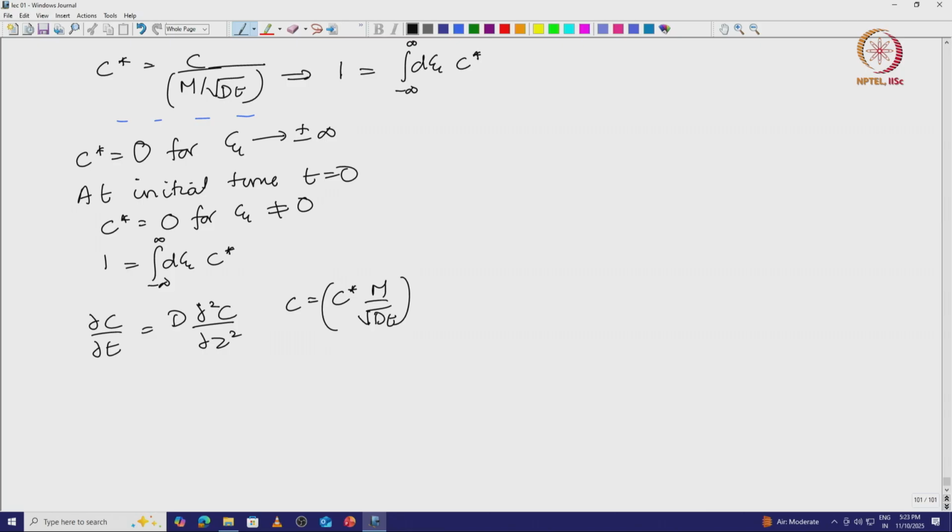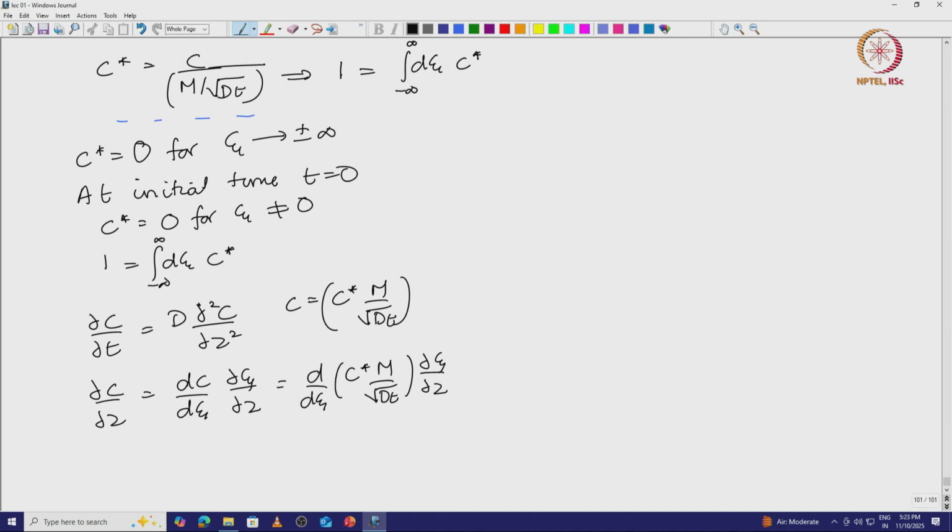I have here dC by dz, partial C by partial psi, I should write it as a total derivative. I know that C is equal to C star m by root dt, so I get d by d psi of C star m by root dt times partial psi by partial z.